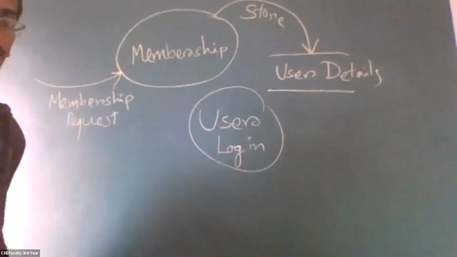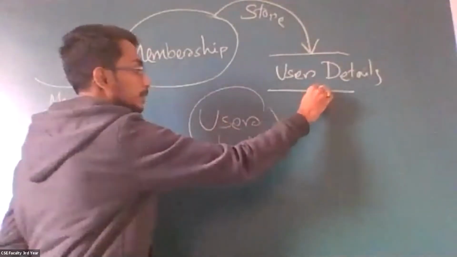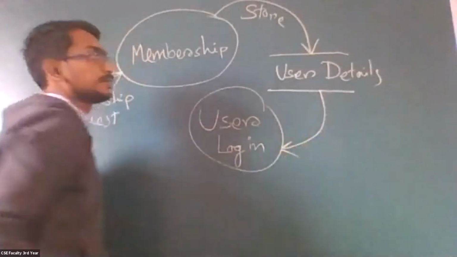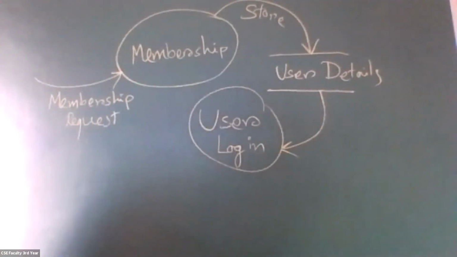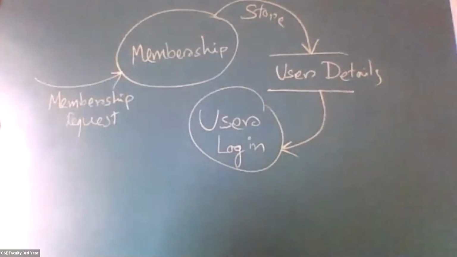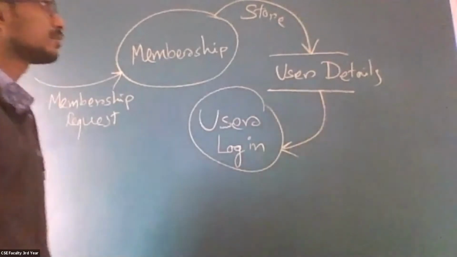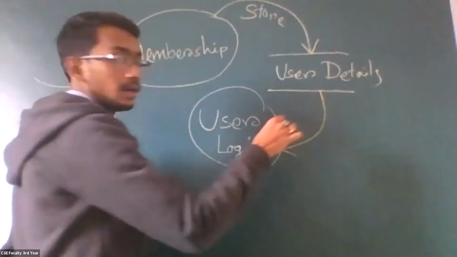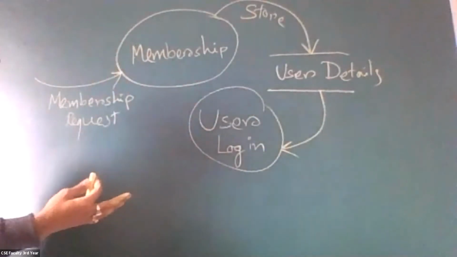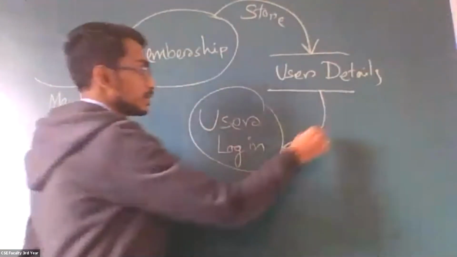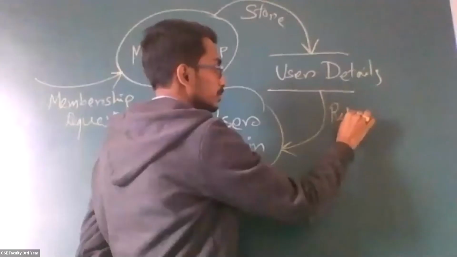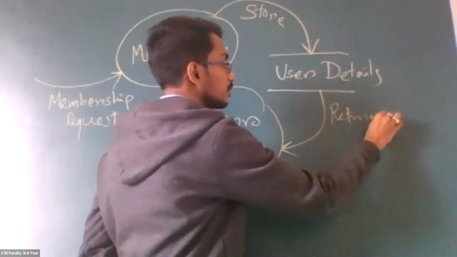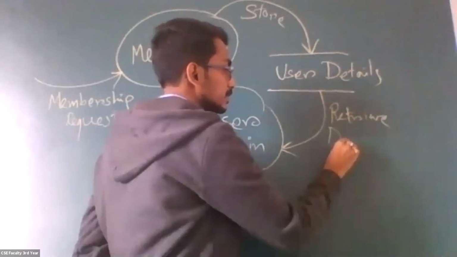What can I write here? Simply this is retrieval of information, right? So you can write retrieve details.